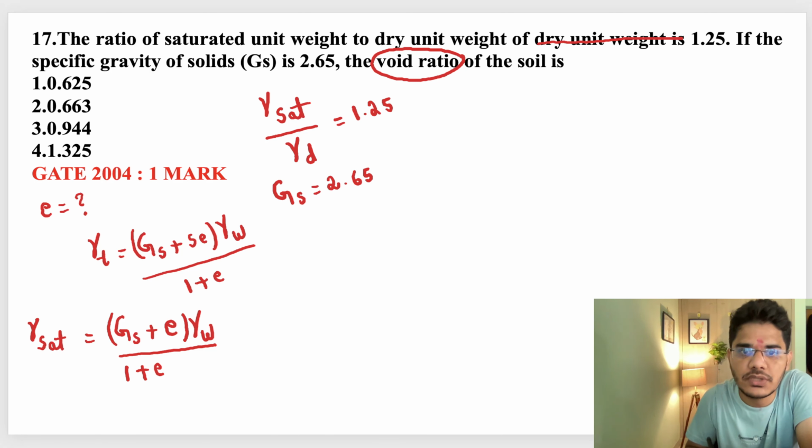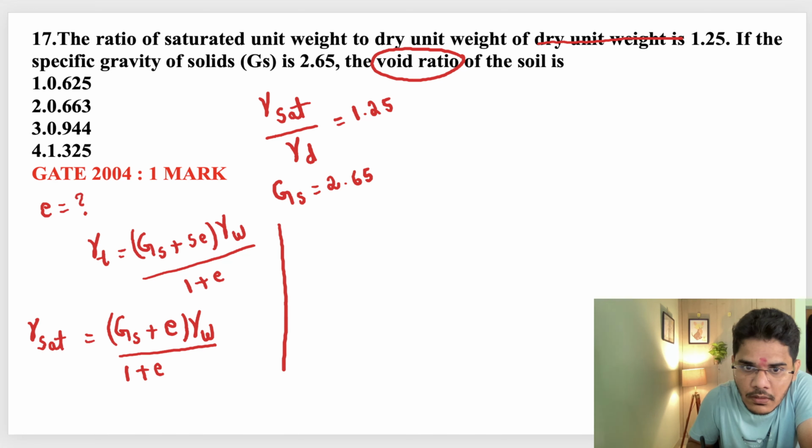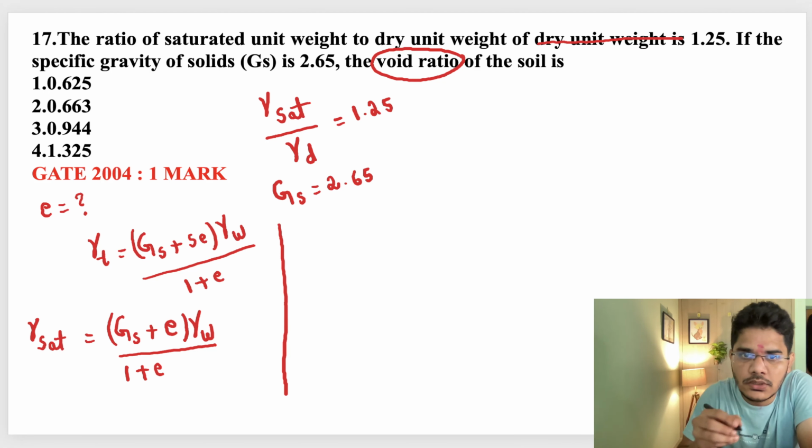In saturated condition S is equal to 1, so gamma sat is equal to (G_s plus e) into gamma w divided by 1 plus e. Then gamma d will be G_s gamma w by 1 plus e, we know that relation. So let us write both.